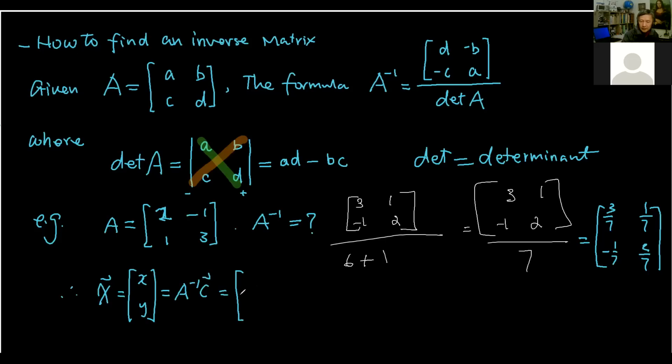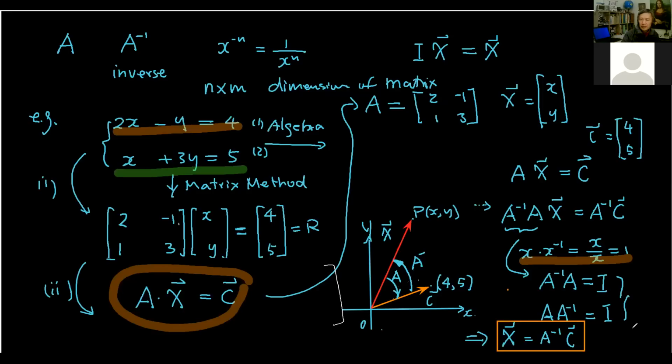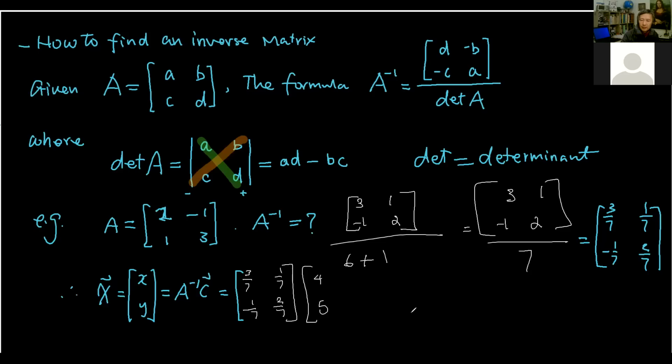Can we just copy this inverse here? 3/7, negative 1/7, 1/7, 2/7, multiplied by 4 and 5. Double check, yeah, 4 and 5.